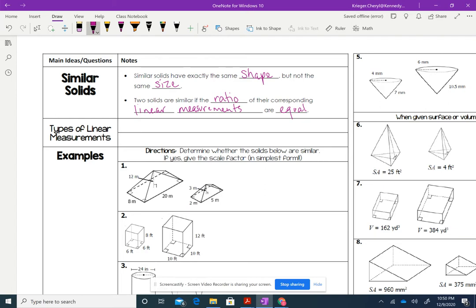Okay, so types of linear measurements is just a fancy vocab word for things like the length, the width, the height, things like slant height, right? So these things that we use for our 3D figures. We could also use perimeter and radius and diameter.